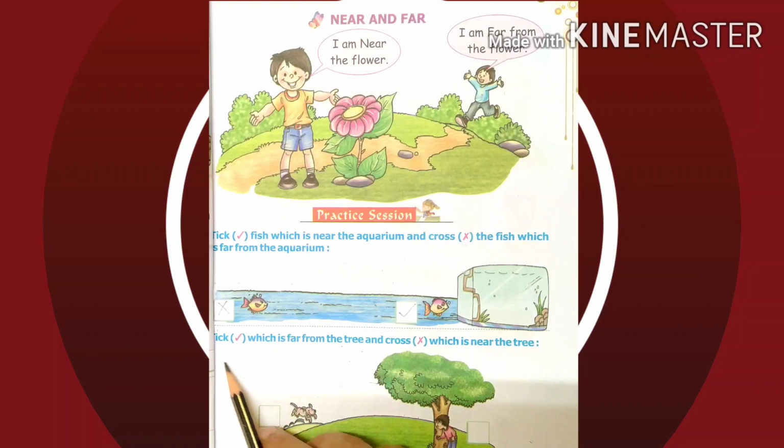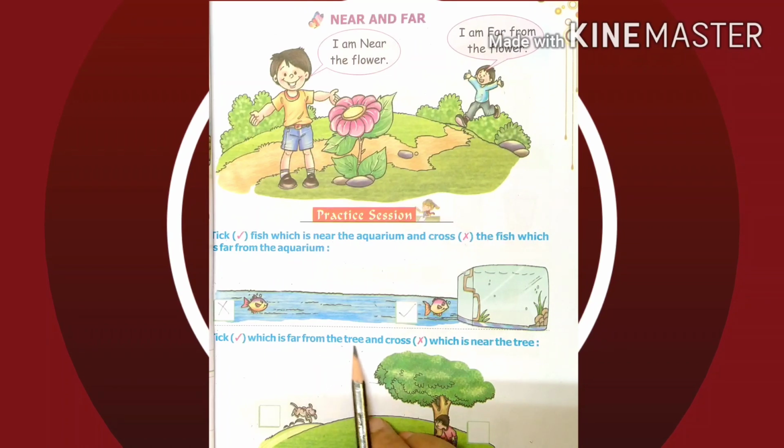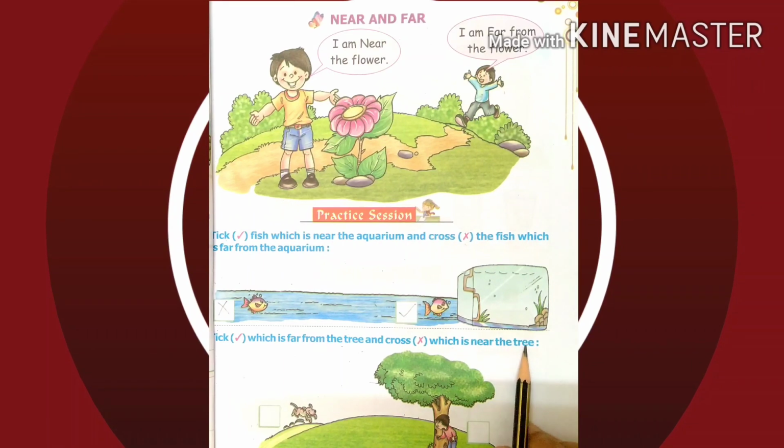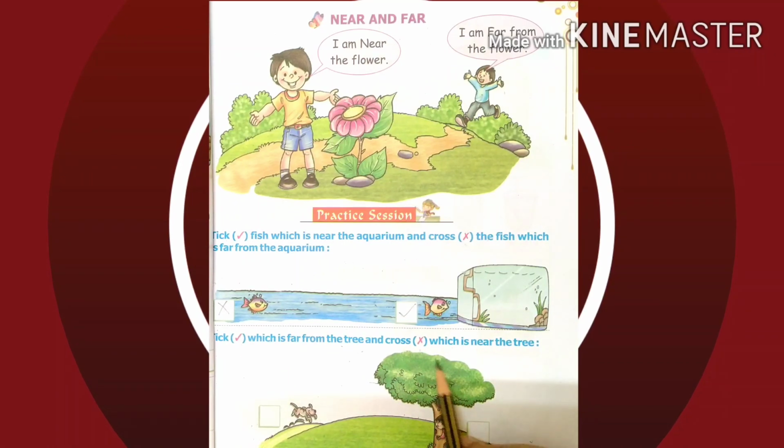Now let's do other exercise. Tick which is far from the tree and cross which is near the tree. This is the sign of tick and this is the sign of cross. Okay, this is a tree. This boy is near the tree.